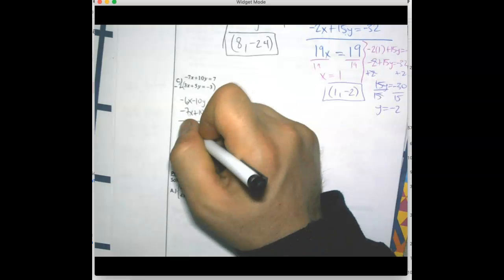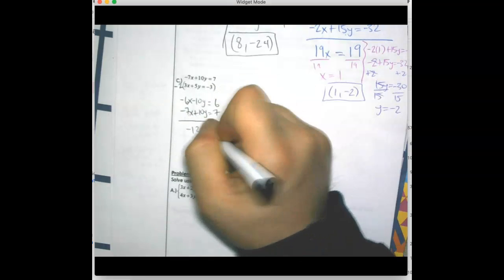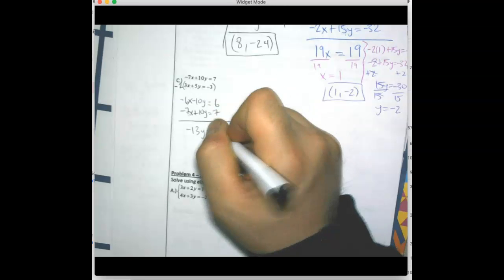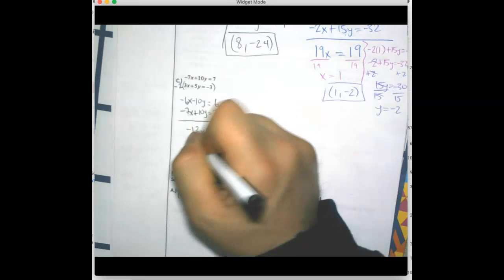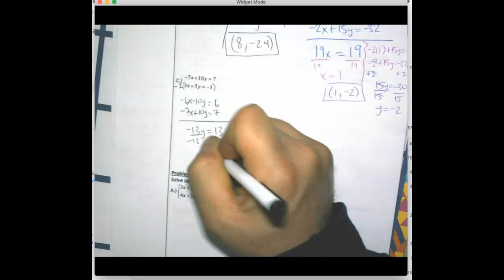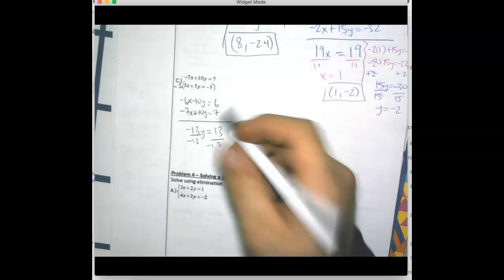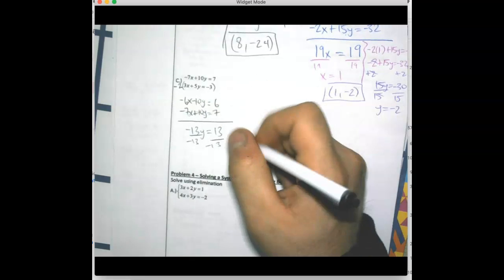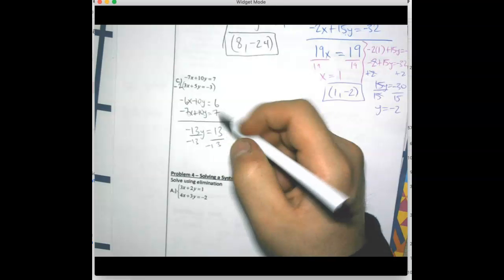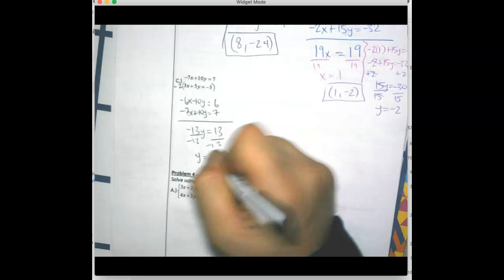Negative 6 plus negative 7 is negative 13. 6 plus 7 is 13. So now we'll divide. Remember, the y's canceled or zeroed out. And now 13 divided by negative 13, negative 1.